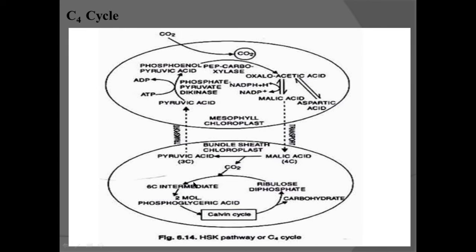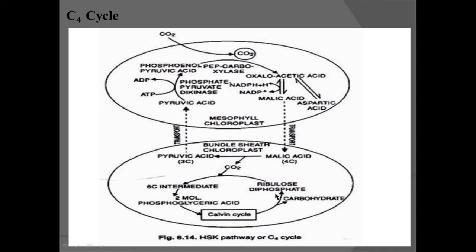That means this released carbon dioxide combines with ribulose 1,5-diphosphate and it is converted into 3-phosphoglyceric acid, the 3-carbon compound. The complete Calvin cycle occurs in the bundle sheath cell, with the formation of fructose 6-phosphate, that means carbohydrates.